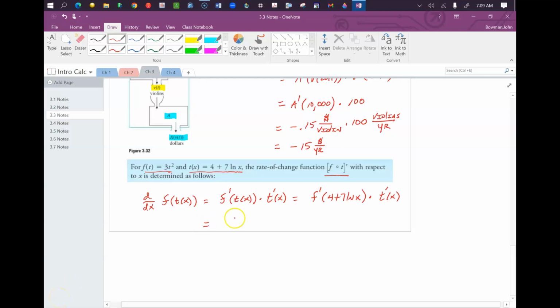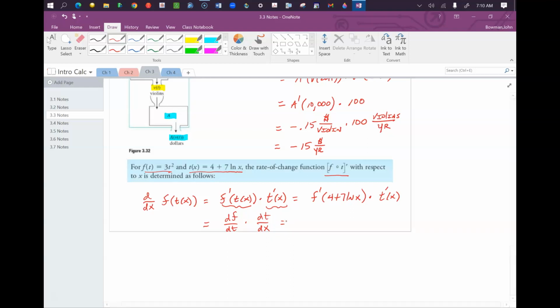So t prime of x, we'll write that down. In this case, it might be easier to think of this as df dt times dt dx. So let's take the derivative of f with respect to t.